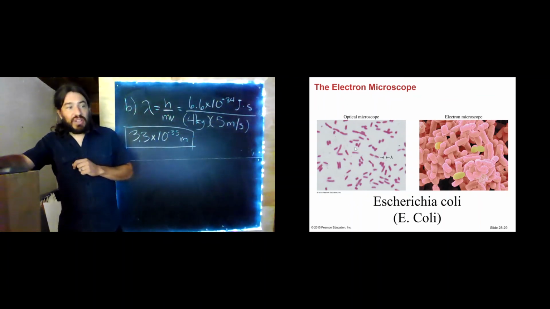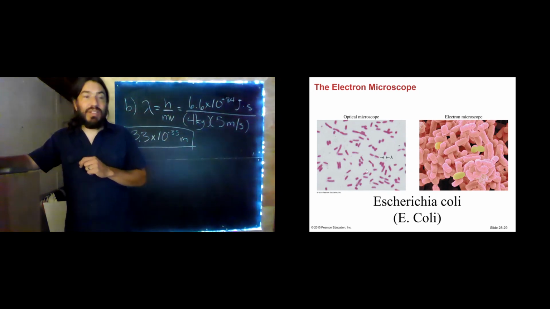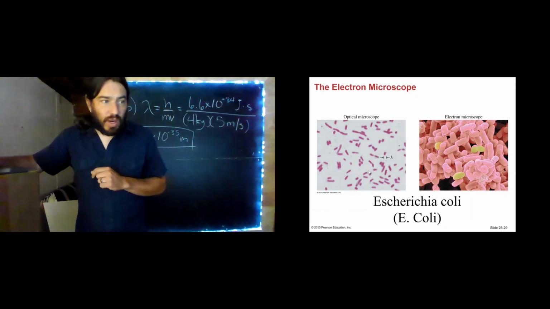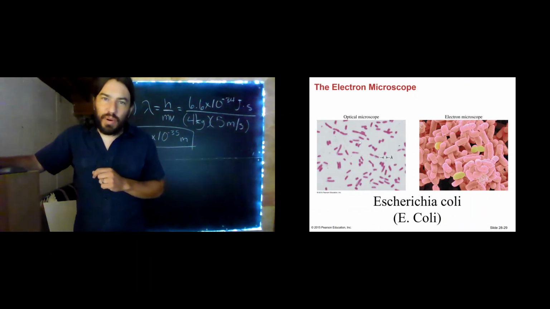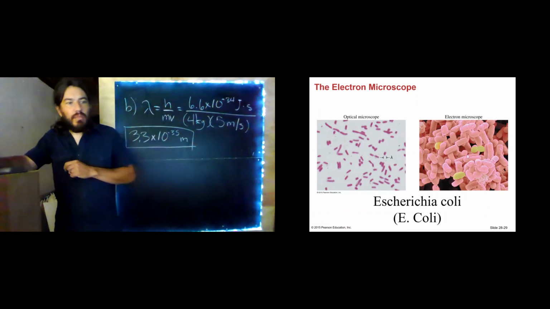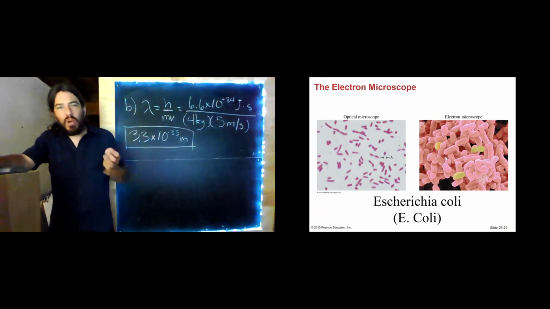In the optical microscope, the wavelengths are hundreds of times greater than with the electron microscope. Therefore, the resolution is much, much lower. These are all fuzzy, and some of these you cannot tell whether there is 1, 2, or 3 little bacteria. But here, with the electron microscope and its incredibly small wavelength, we can see these bacteria quite well.